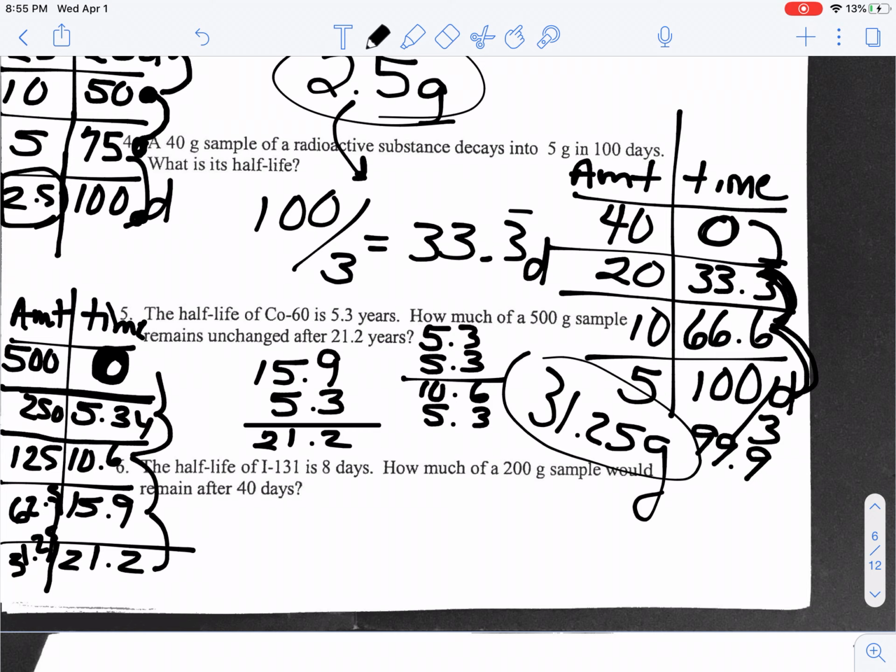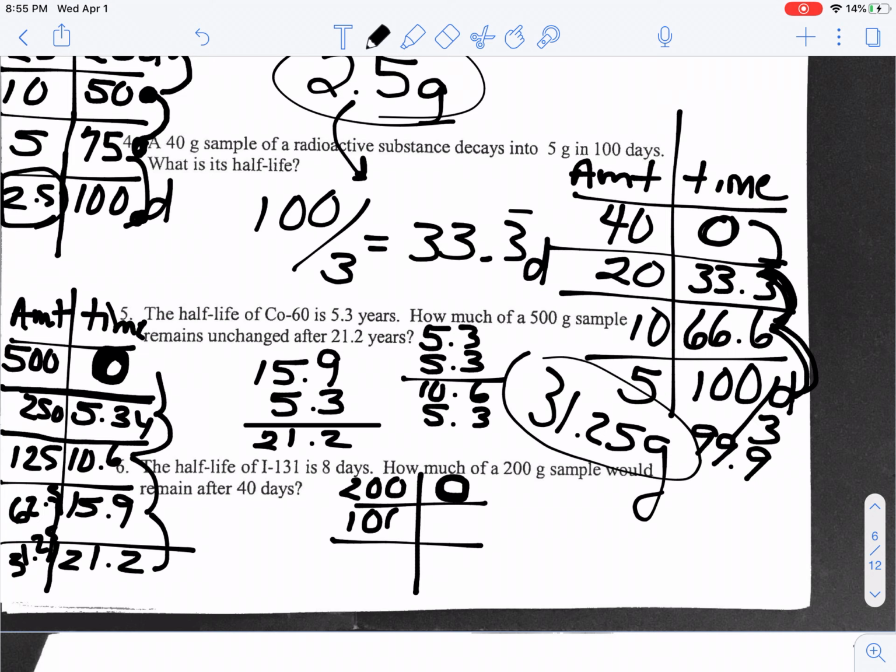All right, my final question then. It says the half-life of iodine-131 is 8 days. How much of a 200-gram sample would remain in 40 days? Okay, so here we go. I'm going to start out with a 200-gram sample for my amount on the side at time 0.